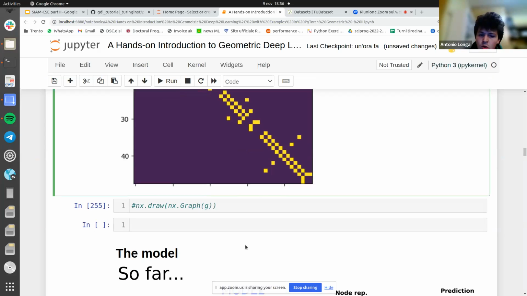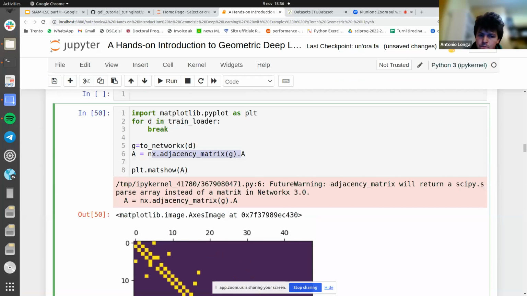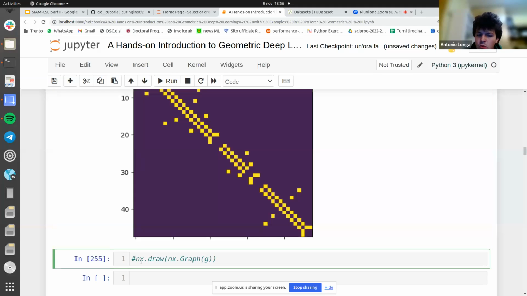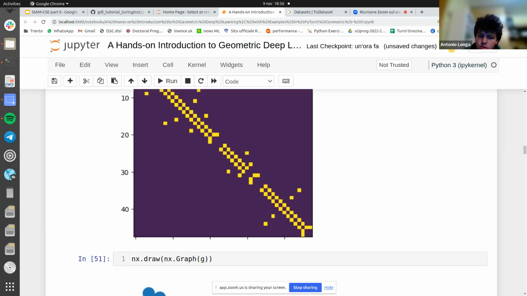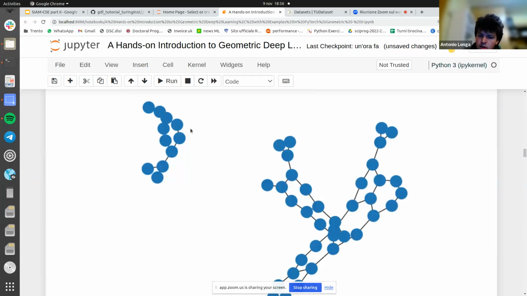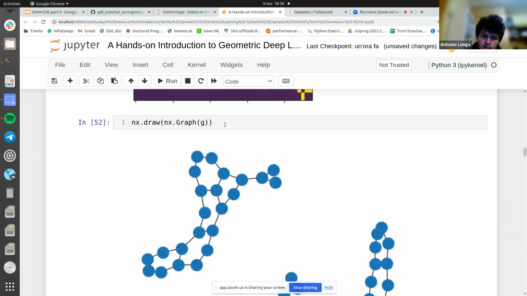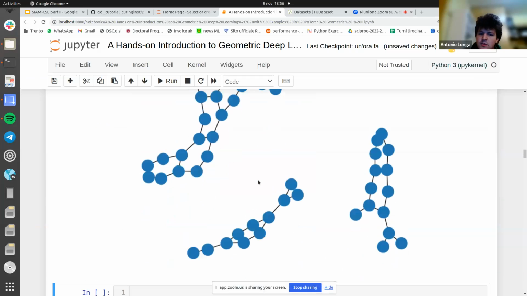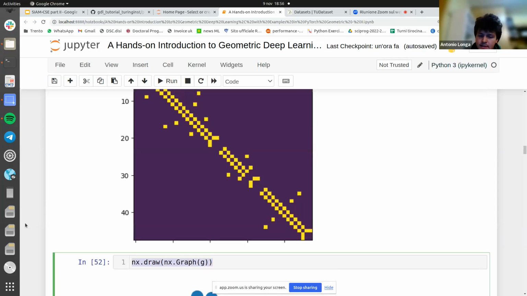And this is how PyTorch Geometric represents those structures. In fact, if I'm trying to plot this graph, you can see that they are 3 different connected components. Does it make sense?